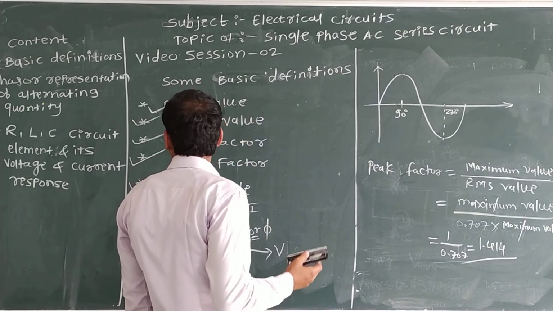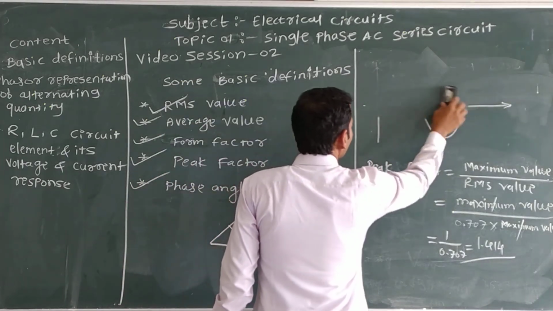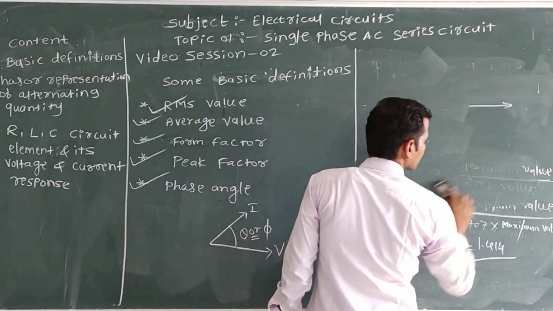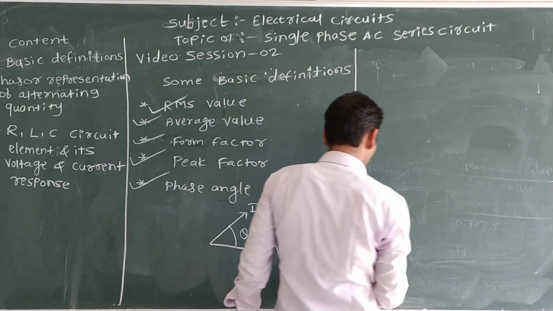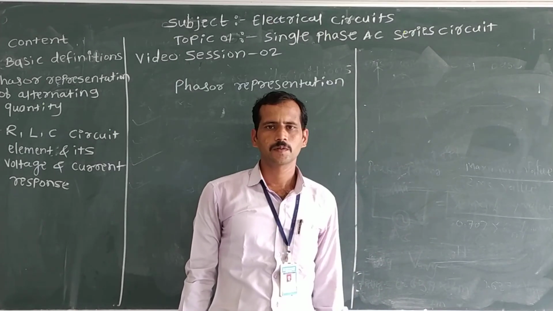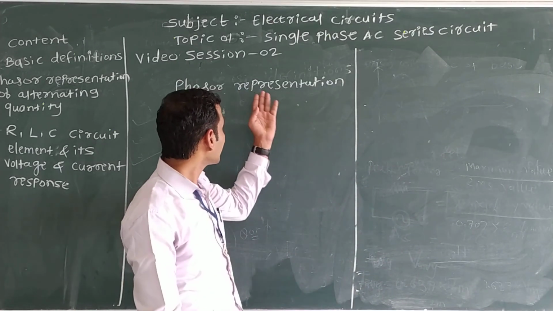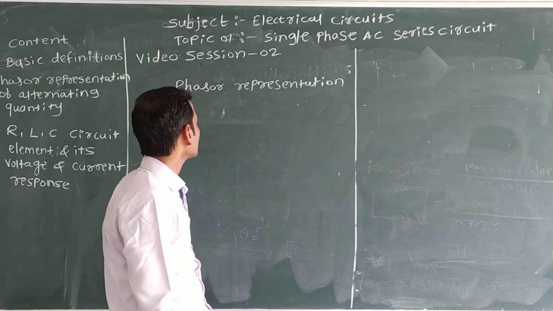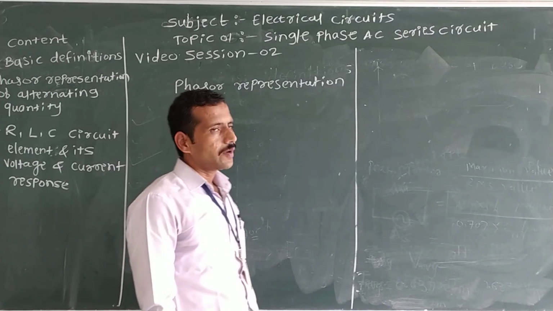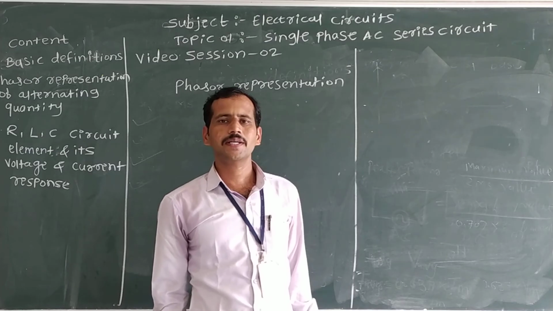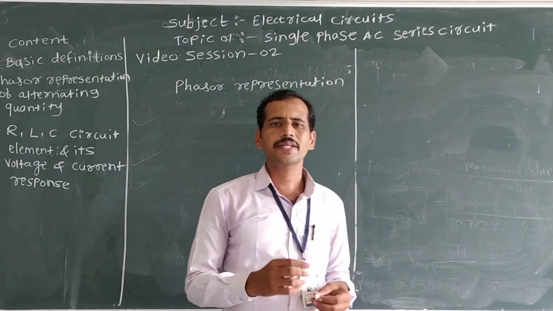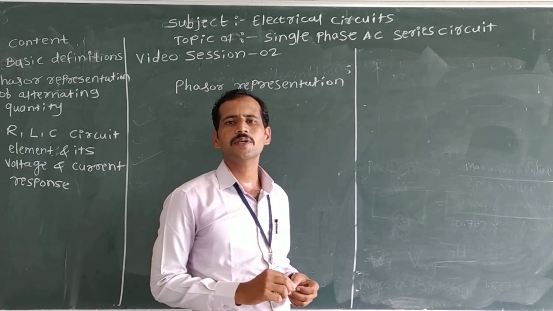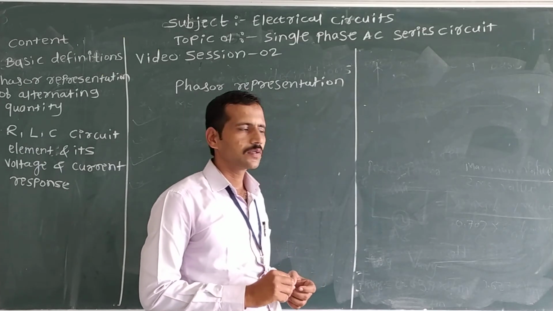Next we will see phasor representation. What is meant by a phasor? A phasor is generally used to represent an alternating quantity, or to represent an AC quantity in a simple way.